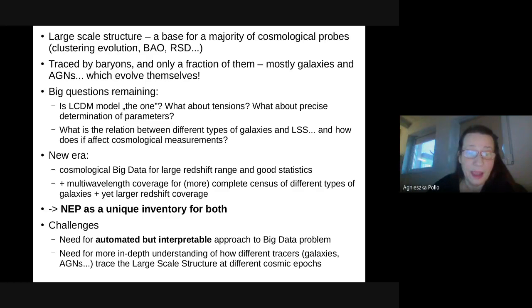And I'm going to try to convince you that the North Ecliptic Pole is going to be a unique inventory for both of these things. But we have some challenges. We need some automated but impenetrable approach to the problem of this big data, to finding out what we have in it.